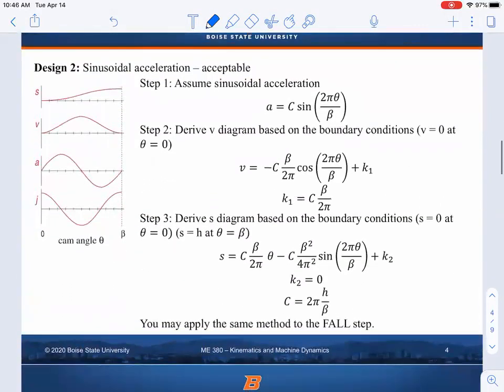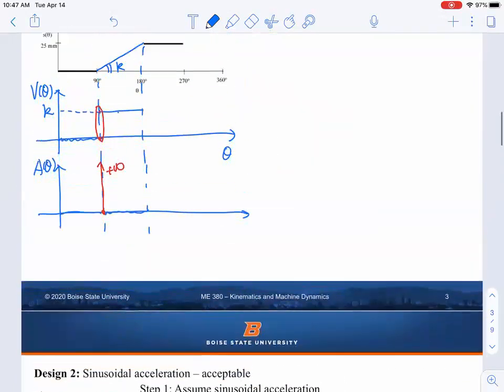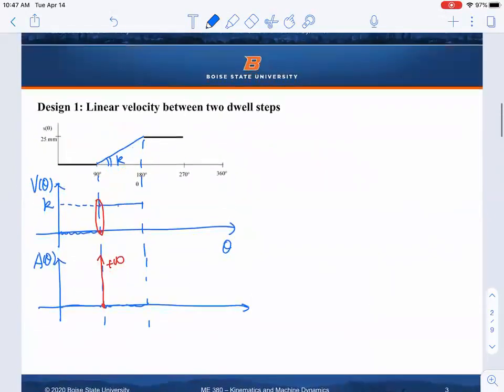So that's the background for these sinusoidal cam follower designs. Let's go back to S, V, and A to see what we already know.